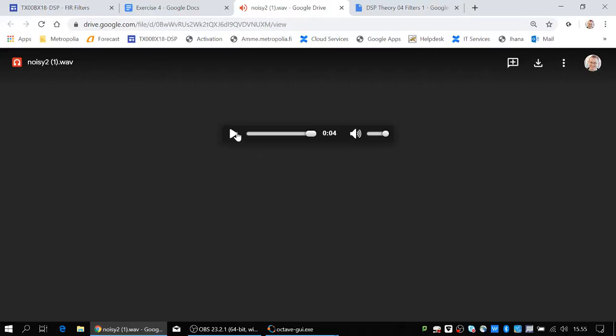And filtering the noise. So basically, one more parameter would be how much you must filter in order to reduce the noise level so that you can hear the information. So what do you think? I would say that it must go below this level, the attenuation.